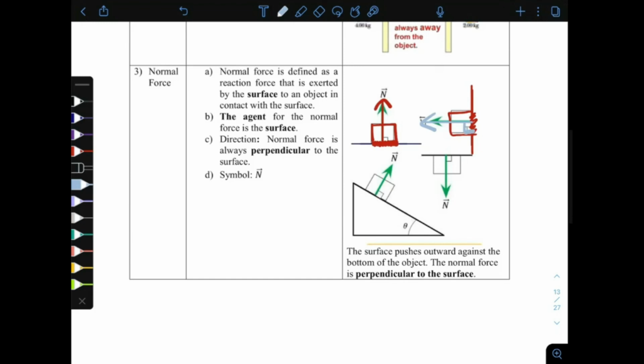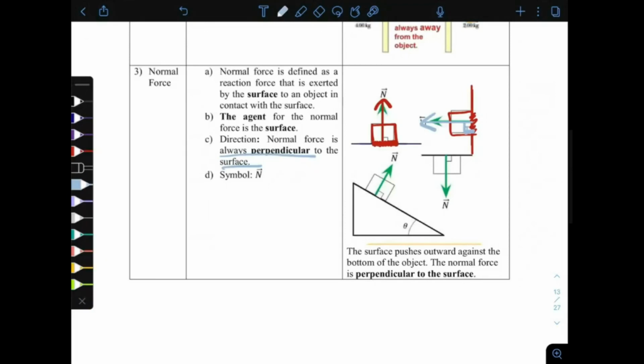So always remember the direction for your normal force, walaupun dia tak ada direction tetap tapi dia ada indicator such as the normal force is always perpendicular to the surface. Any surface, you can be having any surface here. Your surface can be a wall, can be a floor, can be any inclined plane.